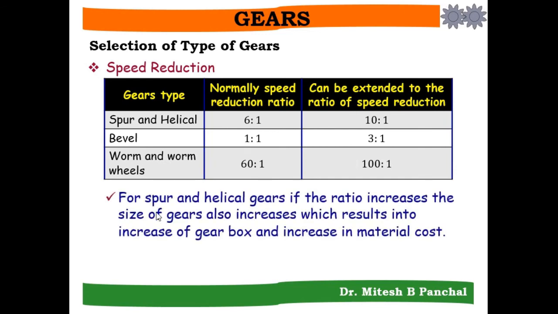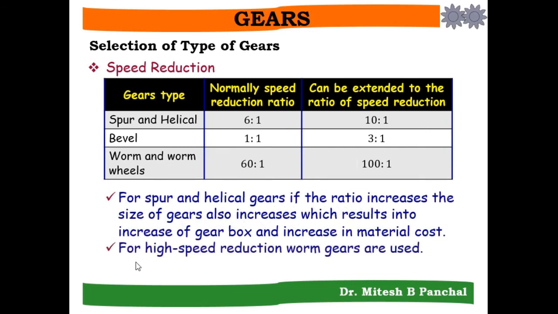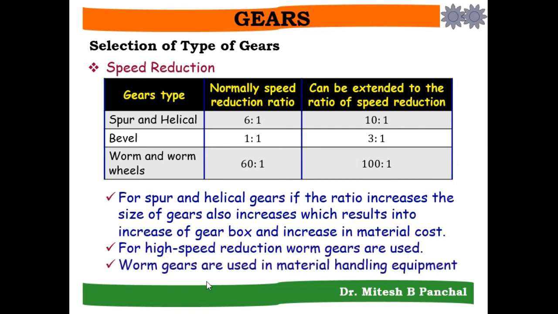For spur and helical gears, if the ratio increases, the size of gear also increases, which results in an increase of gearbox size and material cost. For high speed reduction, worm gears are used. Generally, worm gears are used in material handling equipment.